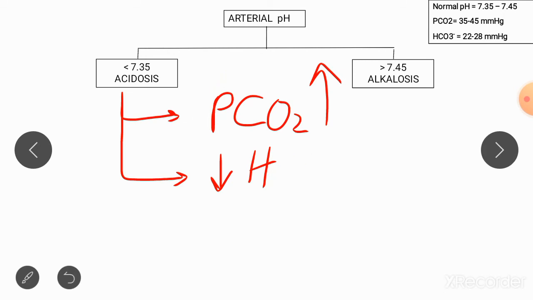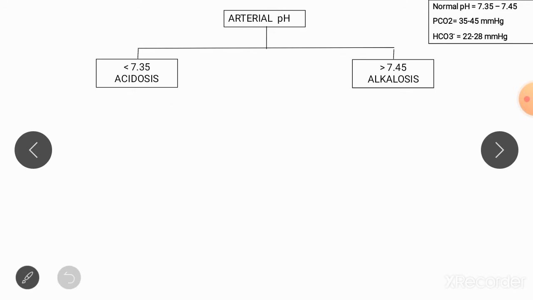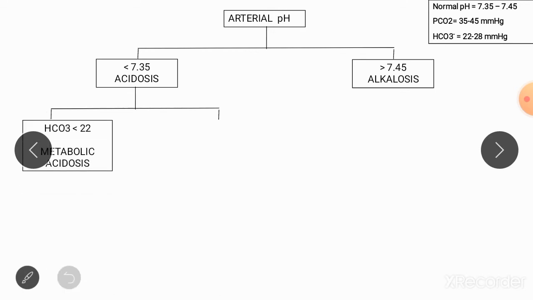So let us see how the flow chart is going to move on with the help of values. First, go for the value of bicarb, and if the value of bicarb is less than 22, immediately label it off as metabolic acidosis.